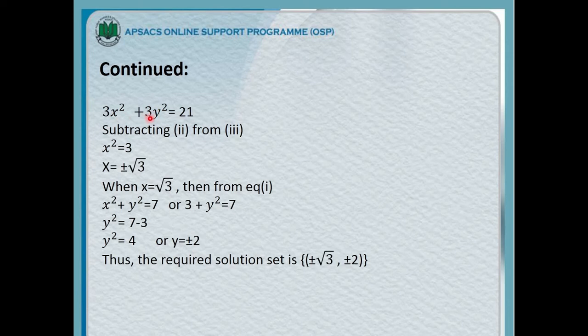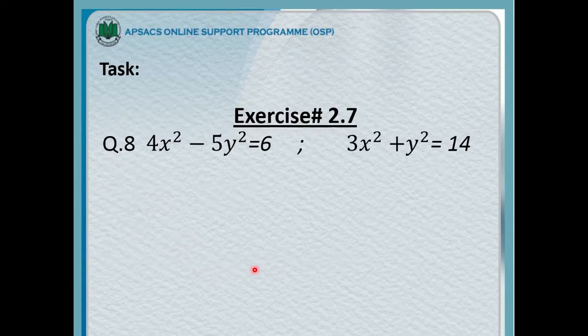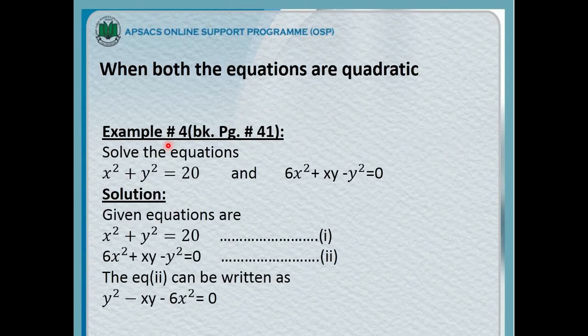By subtracting the above equation and equation number 2, we get x square equals 3. And by taking square root, we get two values of x. Now by substituting the value of x in equation number 1, we get two values of y, which make the required solution set. Now students, we have to do question number 8 of exercise 2.7.